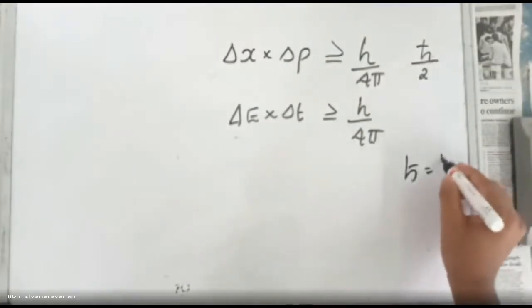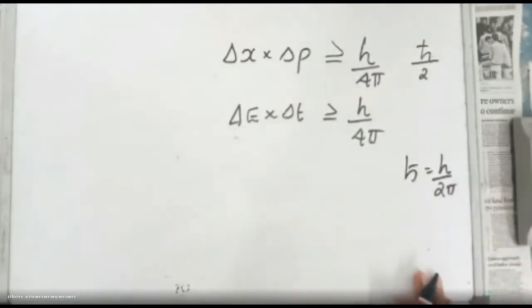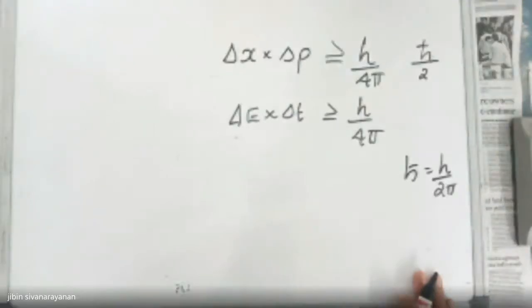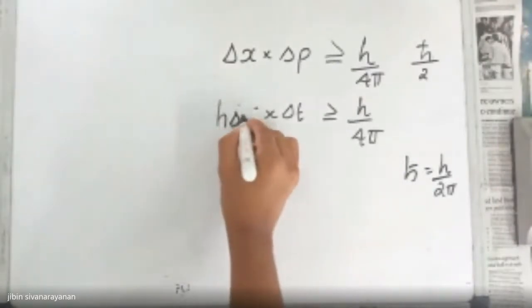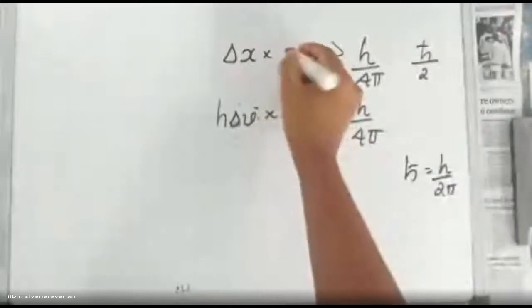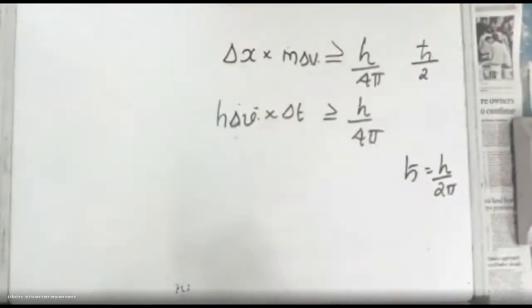Here h cut is h by 2 pi. This energy you can write as h delta nu, and this momentum you can write as m delta v.